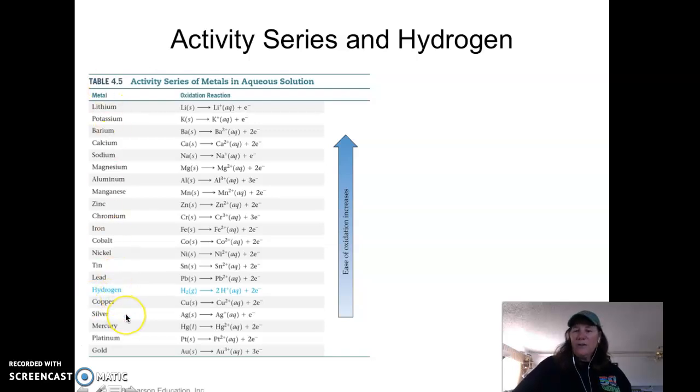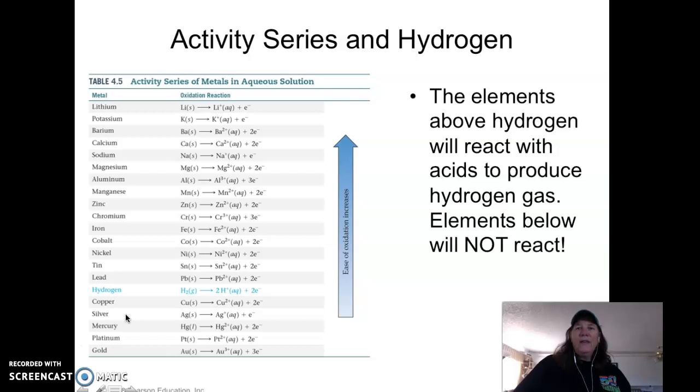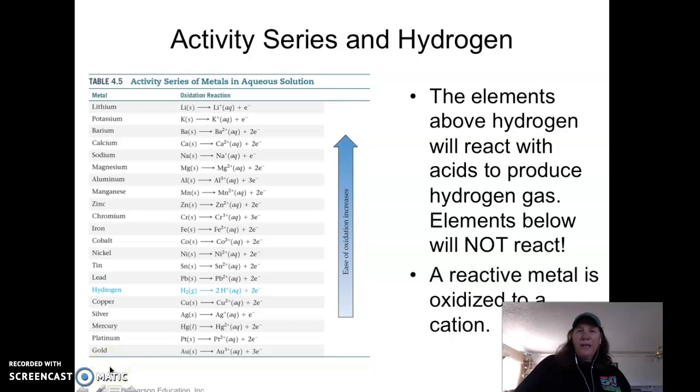But this is how you figure out if a reaction is going to occur. The elements above hydrogen will replace it. But hydrogen can only replace these guys below it. All right? And a reactive metal is oxidized to form a cation. Again, we talked about cations. Cations are positively charged, and they're going to be your metals.